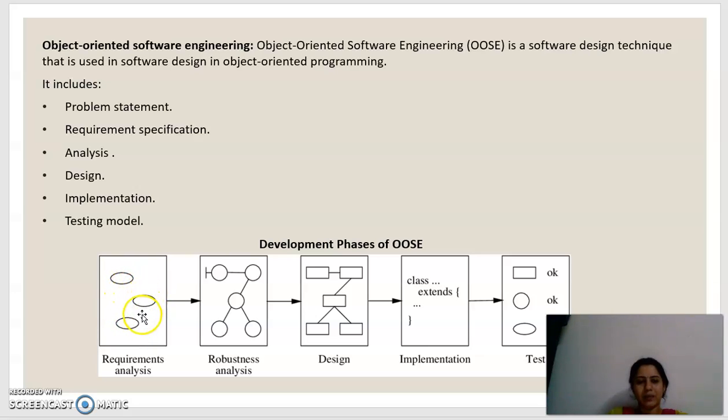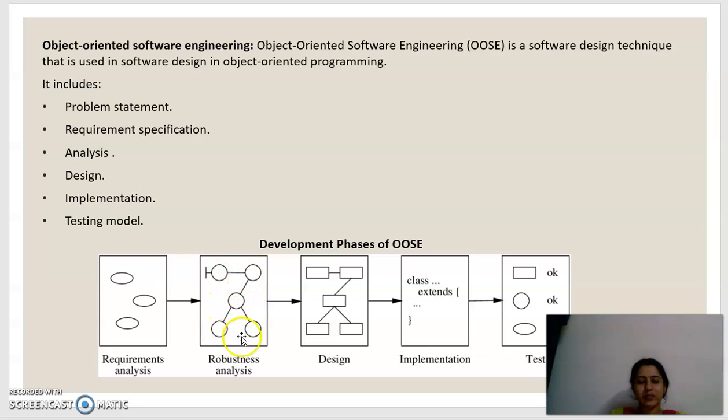The requirements may be software requirements or hardware requirements. Once the requirements are gathered, we analyze them, that means the connections between the requirements. Once you have specified the functional requirements of the software, the relation between the functions of the software is analyzed.